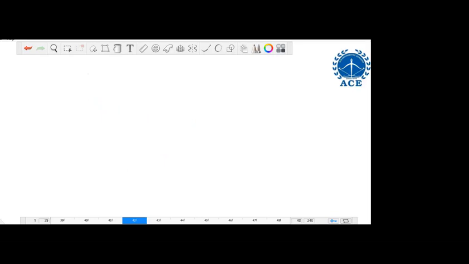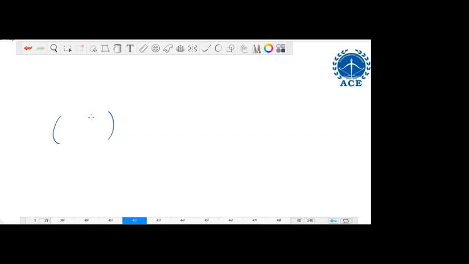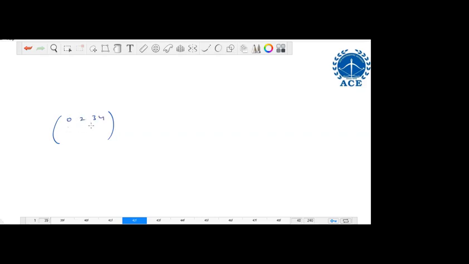I am asking, like in the first row we have 1, 0, and in the second row we have 2 zeros, but they are not consecutive; they are separated by some non-zero element. You tell me one matrix, I will tell. Like 0, 2, 3, 4; 0, 3, 0; and 1. Now sir, is this in echelon form?